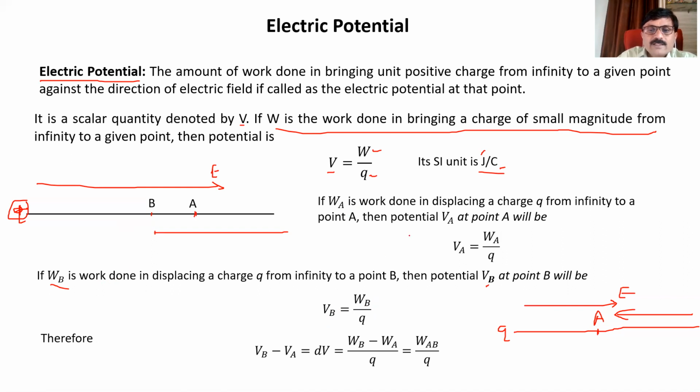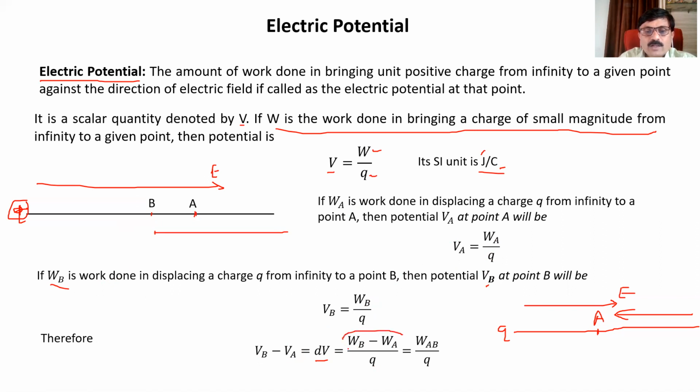So if you take the difference in potentials as VB minus VA, the potential at B minus the potential at A, this will give you the potential difference, and we can call it dV. So obviously by using these equations we can write this as VB minus VA divided by q.